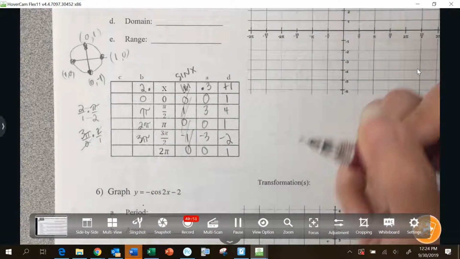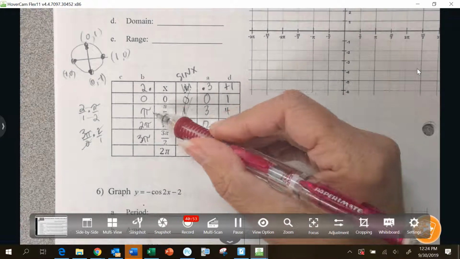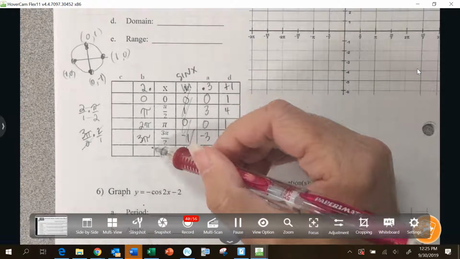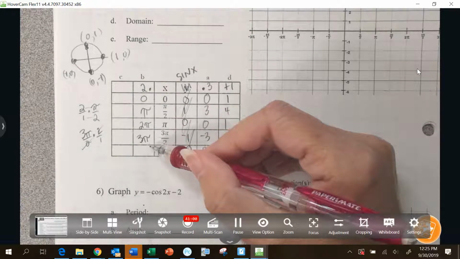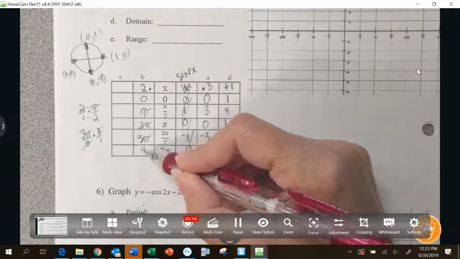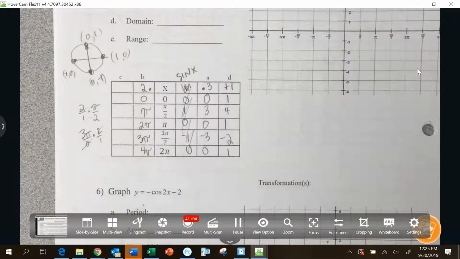One nice thing is that the x will always be evenly spaced. If I see my pattern, 0, pi, 2 pi, 3 pi, 4 pi, they'll always be evenly spaced.